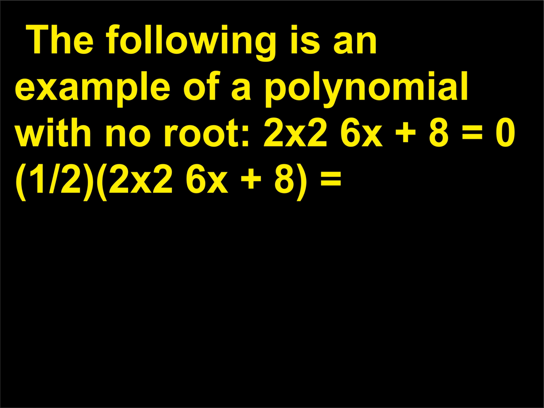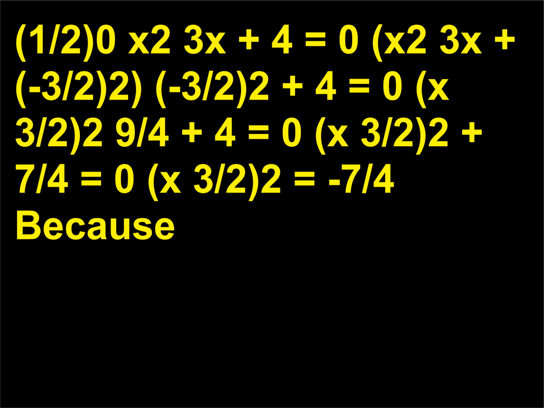The following is an example of a polynomial with no root, 2x² minus 6x plus 8 equals 0. Multiplying by 1/2, x² minus 3x plus 4 equals 0, x² minus 3x plus (minus 3/2)² minus (minus 3/2)² plus 4 equals 0, (x minus 3/2)² minus 9/4 plus 4 equals 0, (x minus 3/2)² plus 7/4 equals 0, (x minus 3/2)² equals minus 7/4.